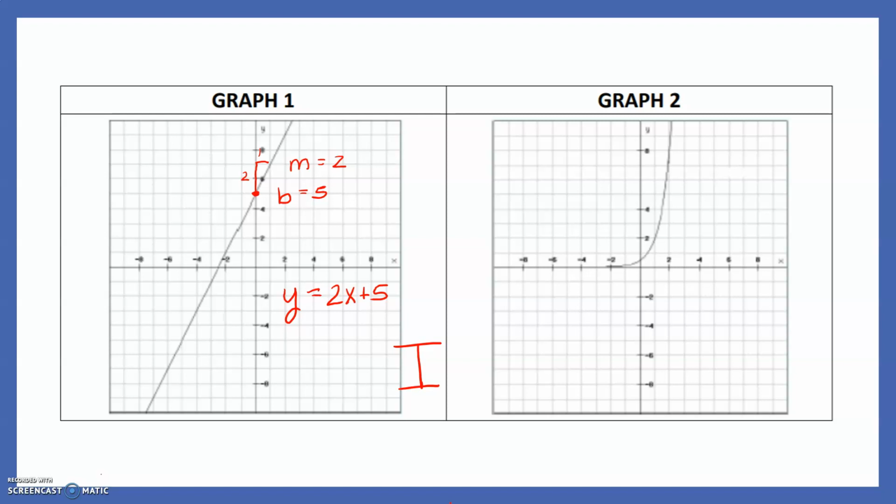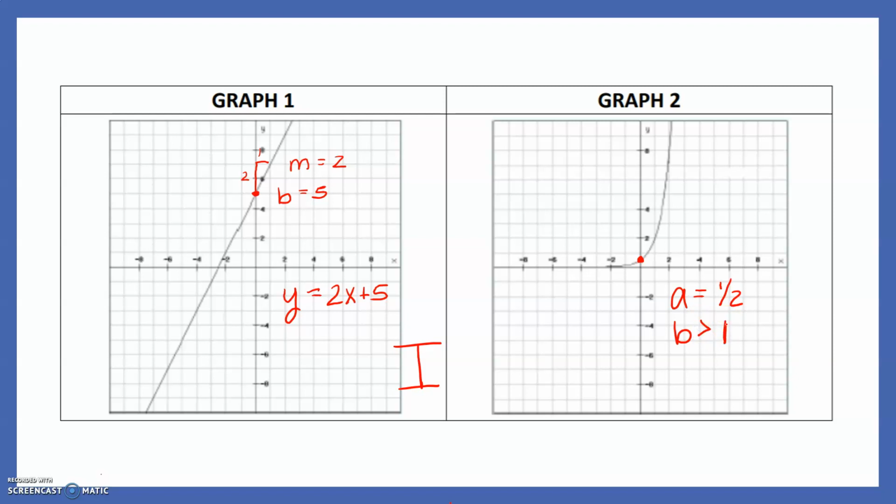Graph number 2 is an exponential graph, and we see that our starting point right there is at 1/2. And we see that our b value is going to be greater than 1 because our graph is increasing.